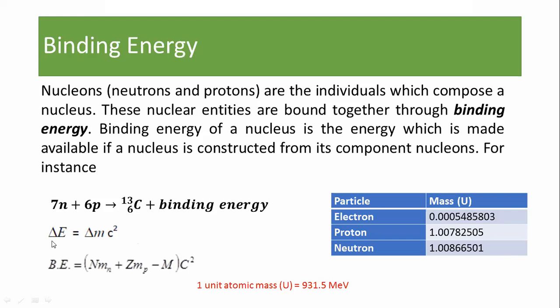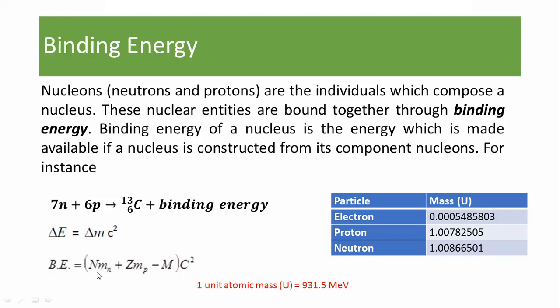There is no need to use all the conversion factors; we will just use this one. One unified mass unit, or one atomic mass unit, is equal to 931.5 MeV, to convert mass into energy. Here BE is the binding energy, as we have explained.